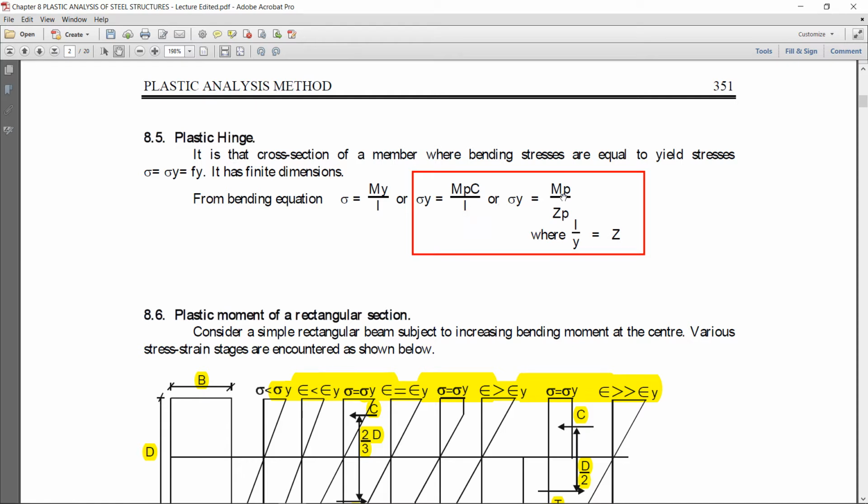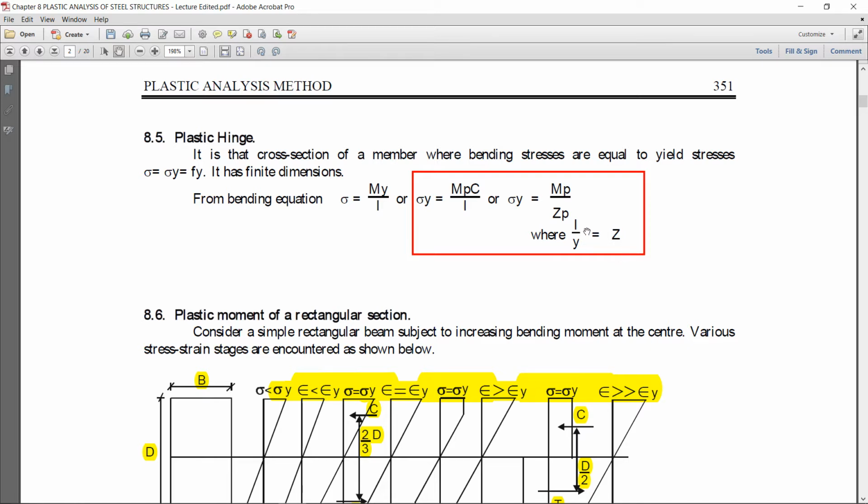Here Mp over Zp is equal to sigma y, where I over y is Z. Z with subscript p is written because it is plastic. Mp over Zp, where I over y is the section modulus.